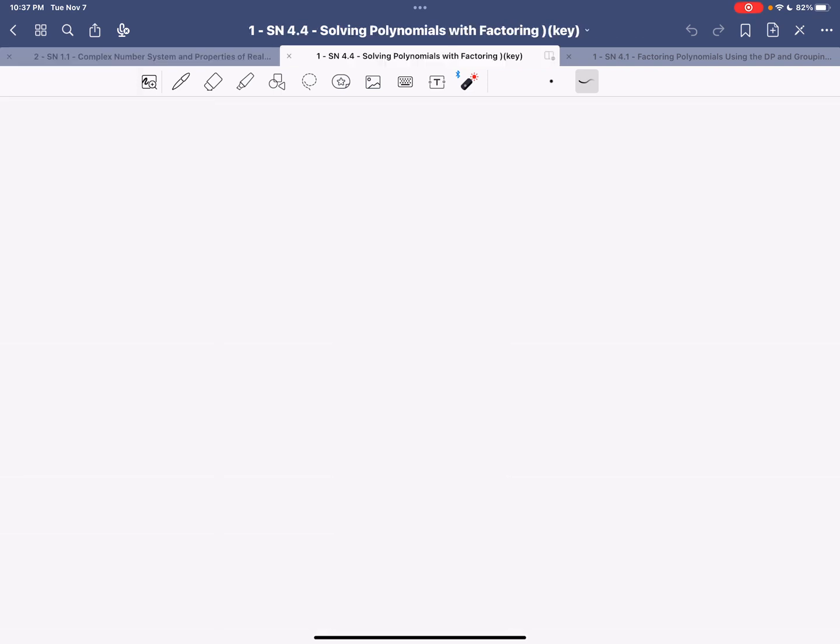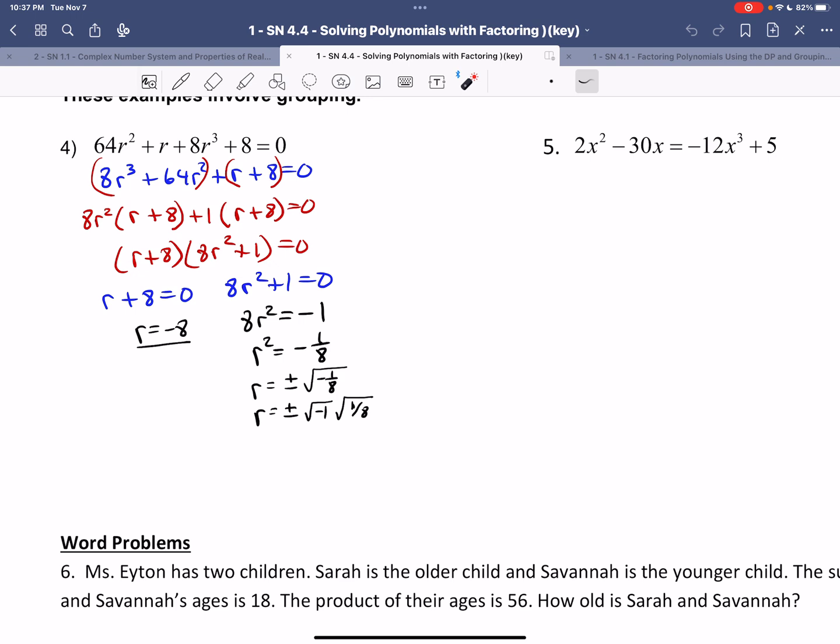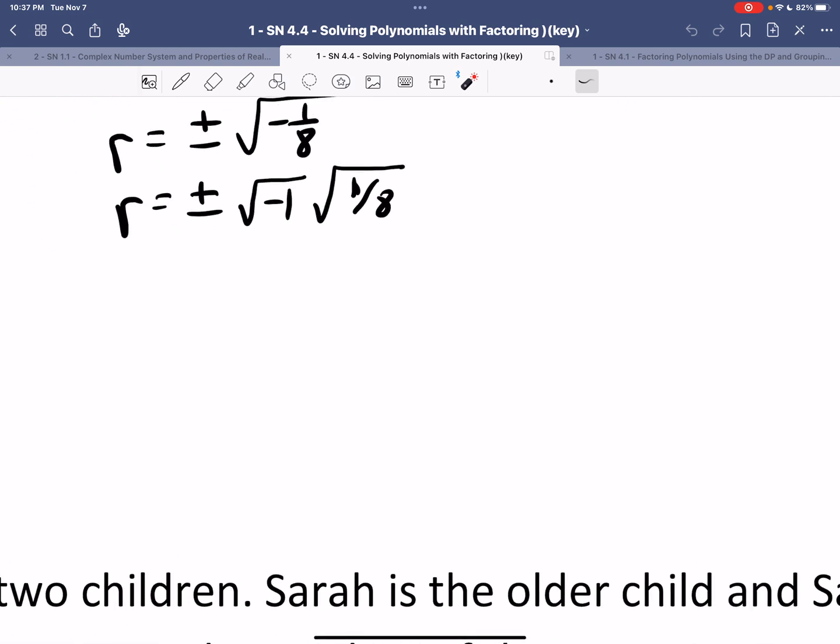So we are going to come over here, and we're going to make this negative 1 i. So final answer, r is plus or minus i square roots of 1/8.